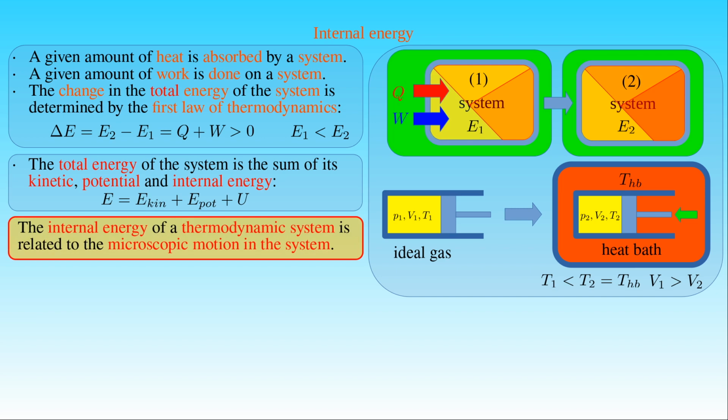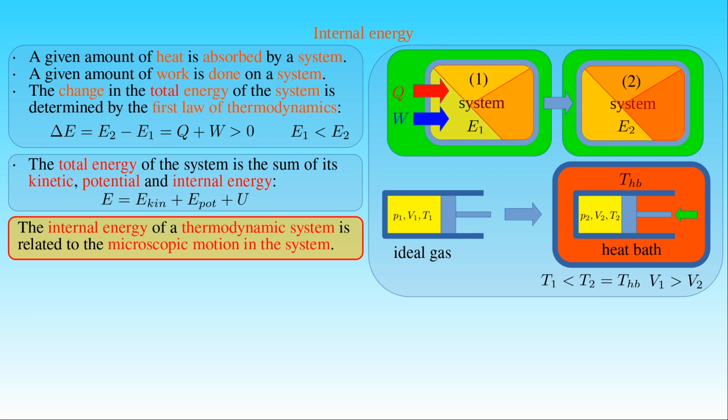In the case of an ideal gas, the internal energy of the gas is related to the microscopic motion of the gas particles. In the molecular theory of heat, any gas consists of particles in the state of a constant random motion. The theory shows that the warmer the gas is, the more intensive the thermal motion of the gas particles becomes. Therefore, the thermal velocity or speed of these particles is proportional to the temperature of the gas.